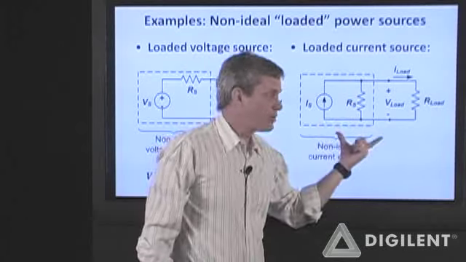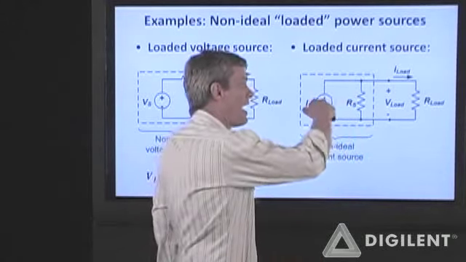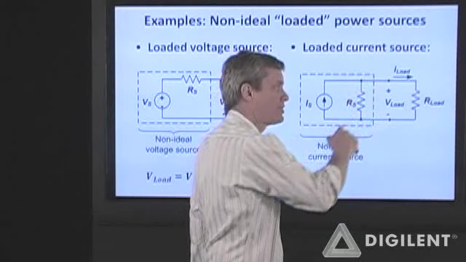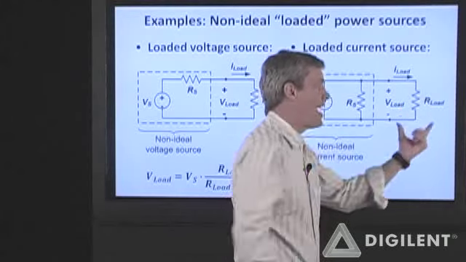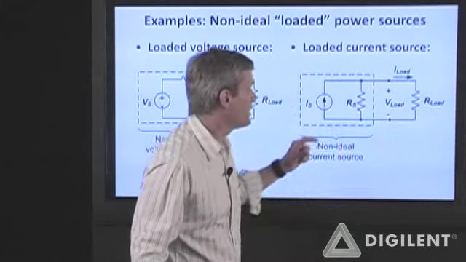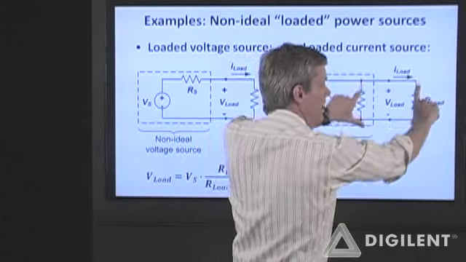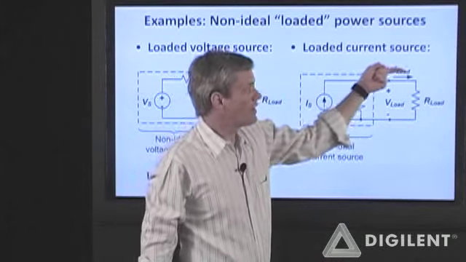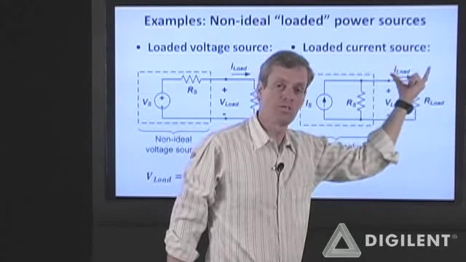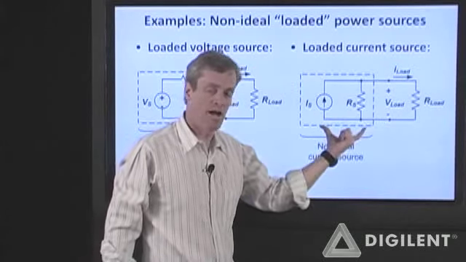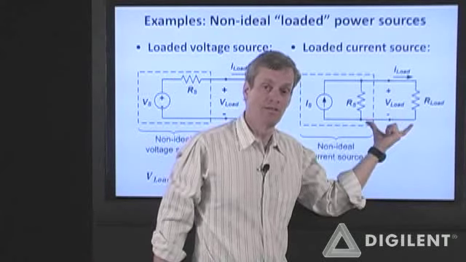Our loaded current source looks like a parallel combination of stuff. I have a current source in parallel with a source resistance, which forms my non-ideal current source. I then add a load to that combination. I have a current source with a parallel combination of resistors. We wanted to find the current through R load. Once we found that current, we could use it to determine the power delivered by the non-ideal current source. Well, this is just a current divider.